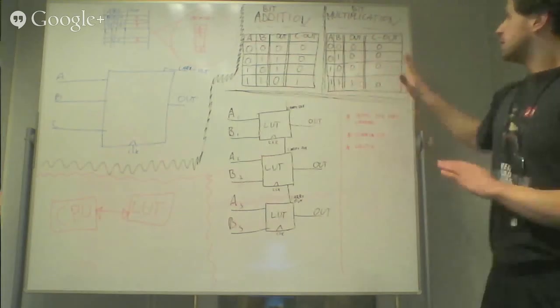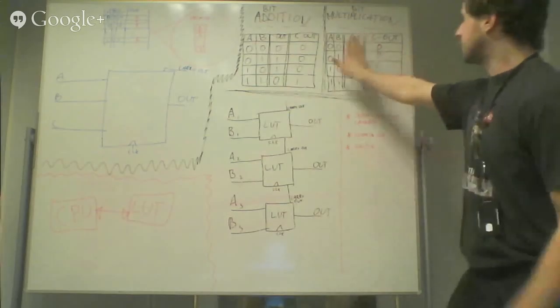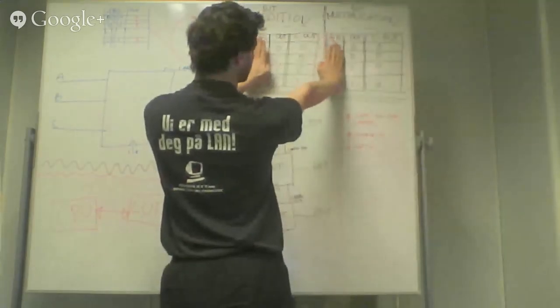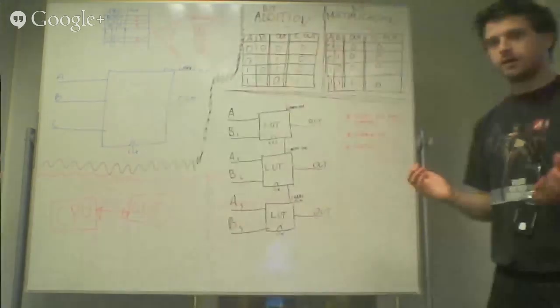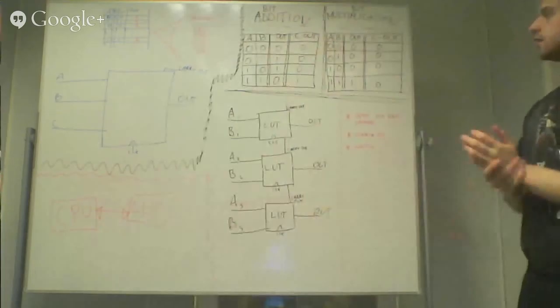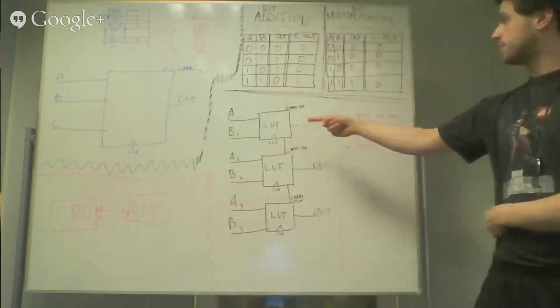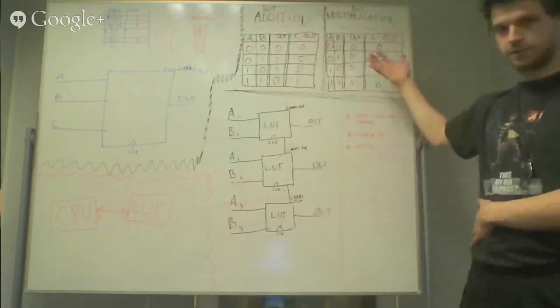So if we try to imagine that those specific values could be placed in lookup tables, then you could have one lookup table performing addition and one performing multiplication.